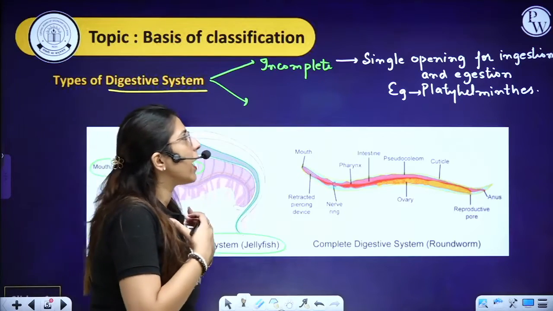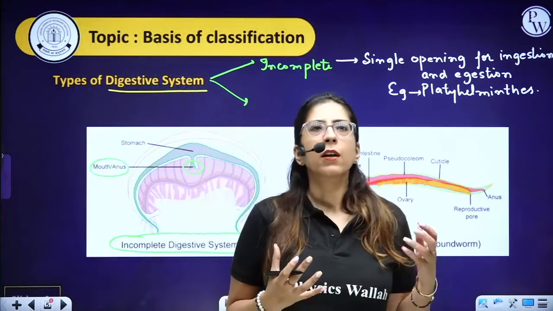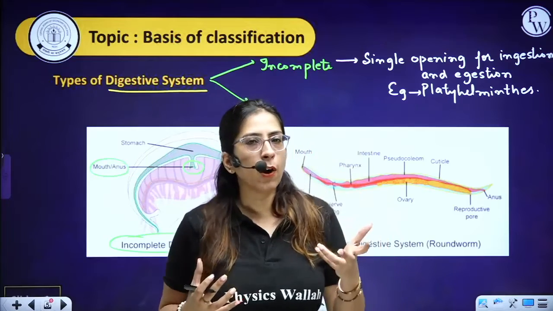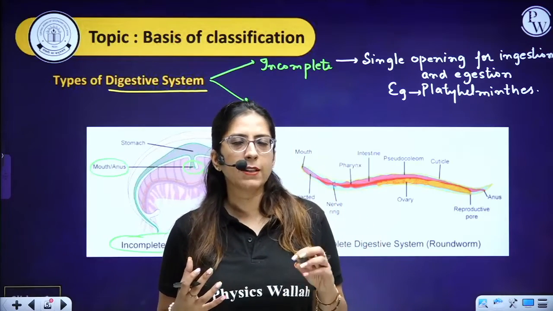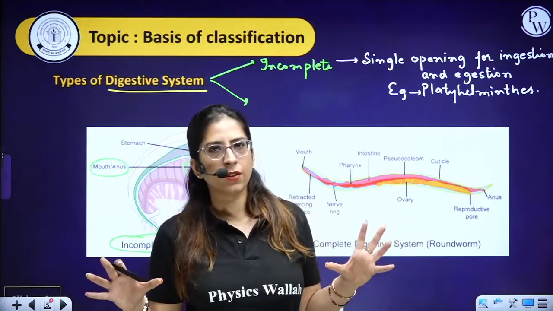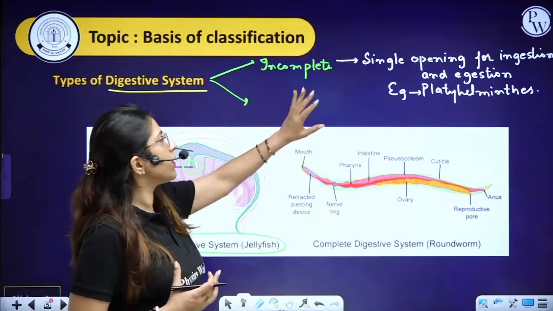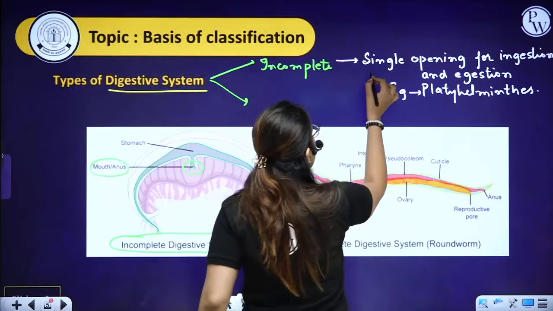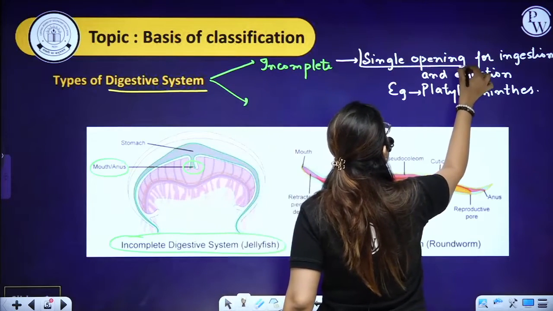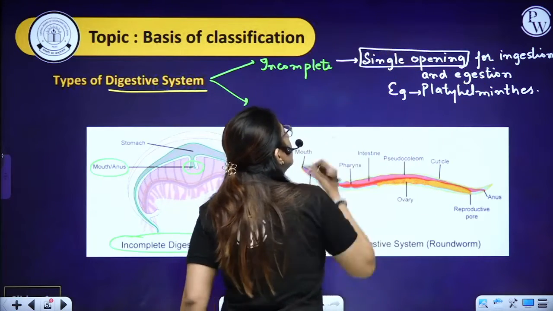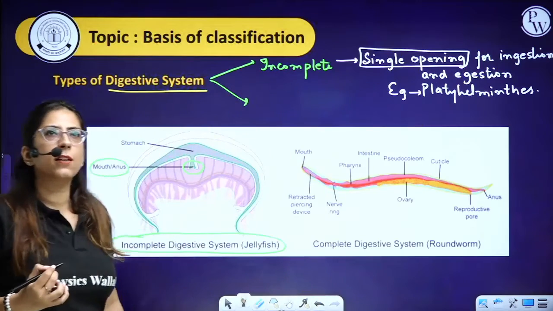I can teach n number of things, like whether the mouth forms first or the anus forms first. There are so many things, but if it is not in the syllabus, we'll not focus on it. So for the incomplete digestive system, they just have a single opening.